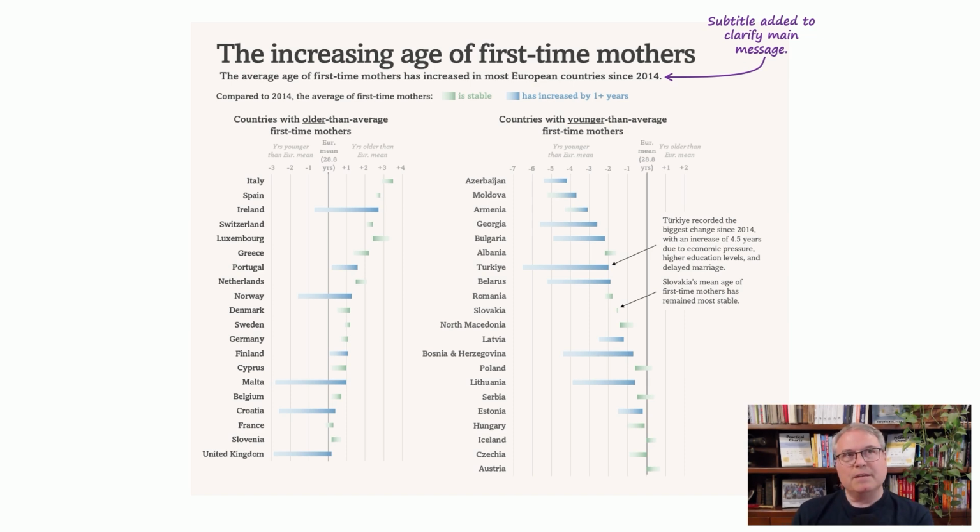Now, if that's the main point of this chart, then these colors don't make as much sense anymore, right? Because this is basically green for stable and blue for increase by 1 or more years. But really, if this is what I'm trying to say, then I probably want to distinguish between countries where the average age has increased versus decreased.